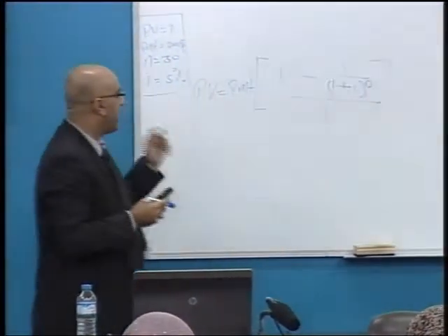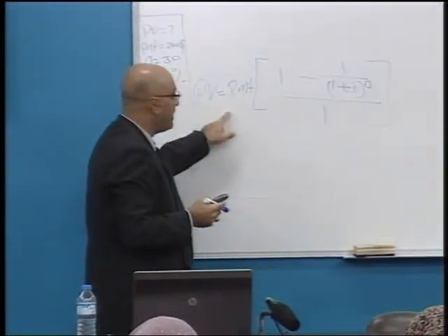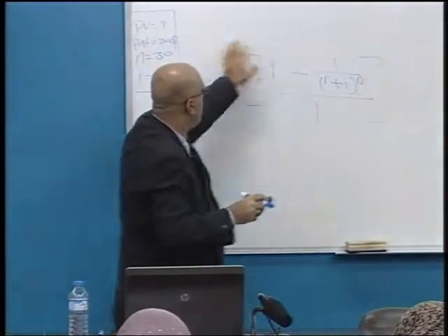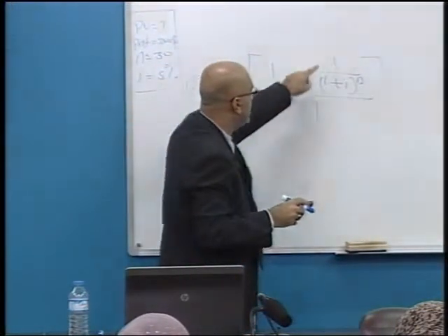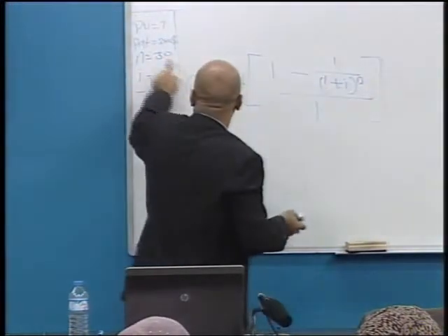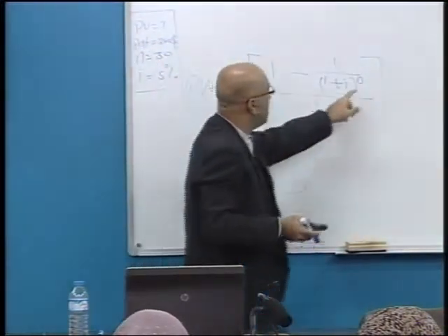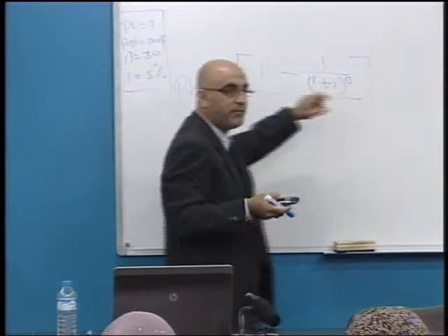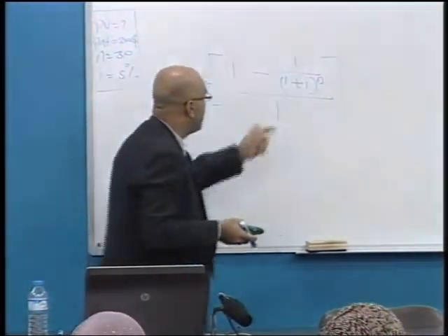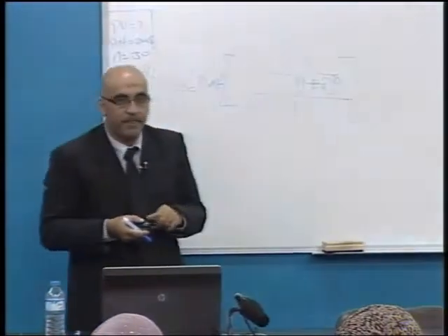Again, the present value is equal to the regular payment times the brackets, where i is the interest rate, which here is 5%, and n is the number of years, or periods, which in this case is 30, divided by i.